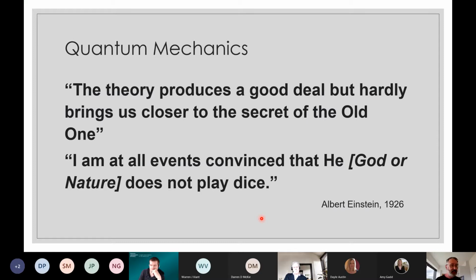The fact that things seem to just occur, and hence his famous quote about God does not play dice. And he spent a lot of time trying to show that this wasn't correct, that randomness wasn't really there. It turns out it is, and the universe has some absolutely random elements to it.